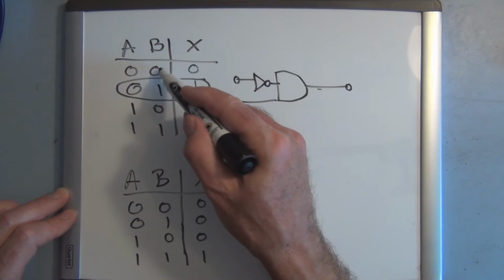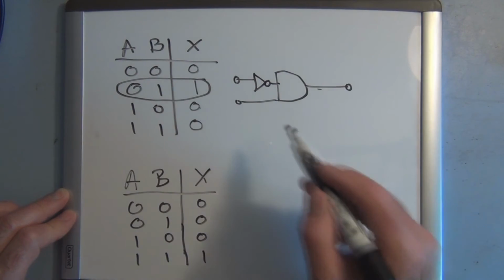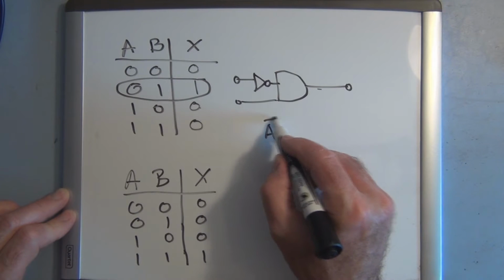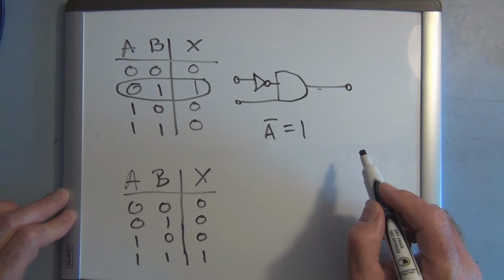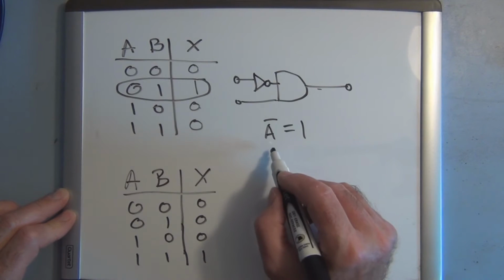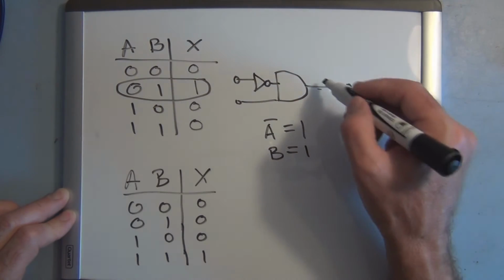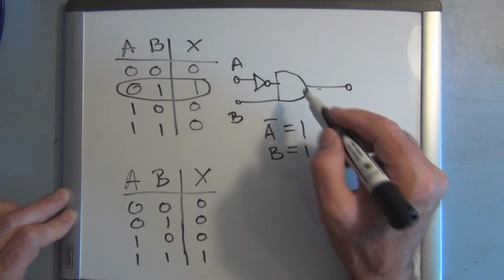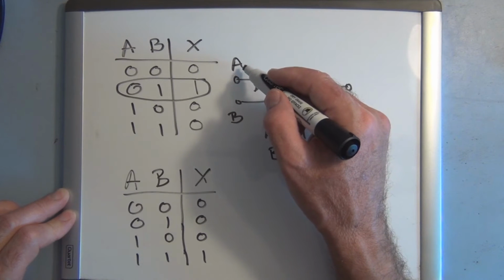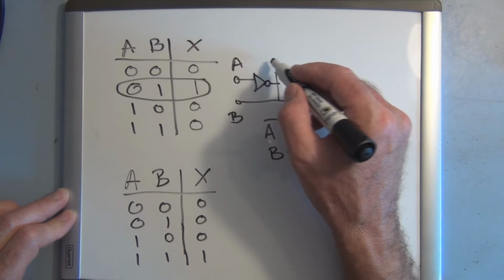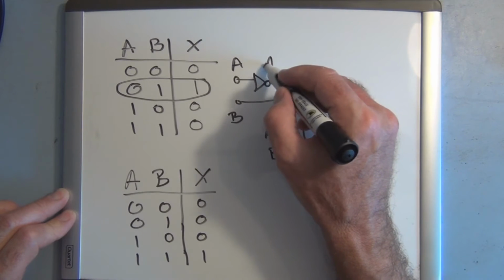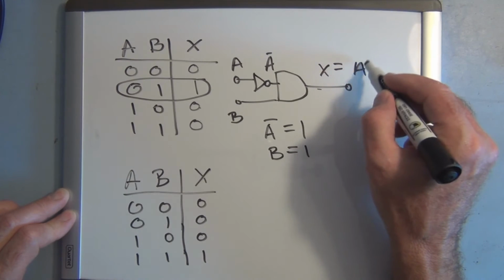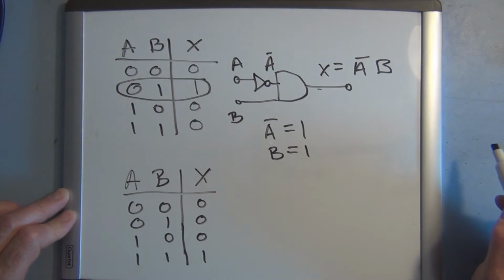We can do that for each of these four cases. Here, we need A not to equal 1 and B equal to 1 in order to get a 1 out. If A is 0, A not is equal to 1, and the output X will equal A not B.